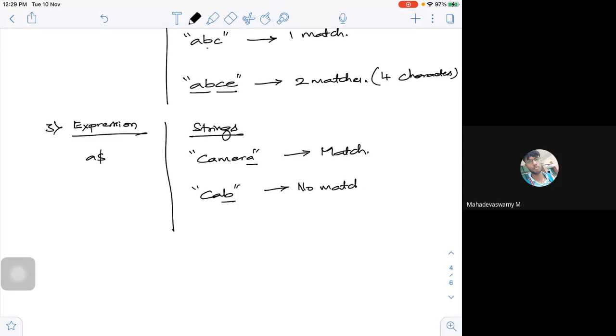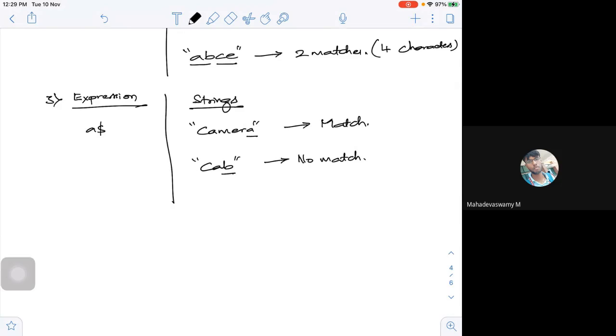It is not matching. Say some mathematical formula, if you are looking at it. Let me take the word formula. Is it ending with A? Yes, it is ending with A, so I do have a match.